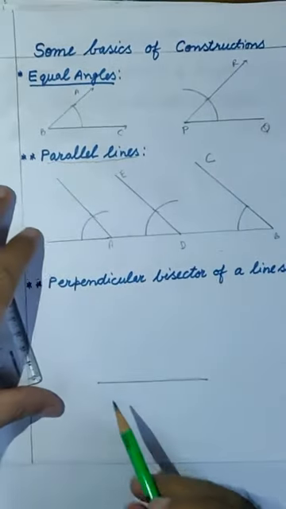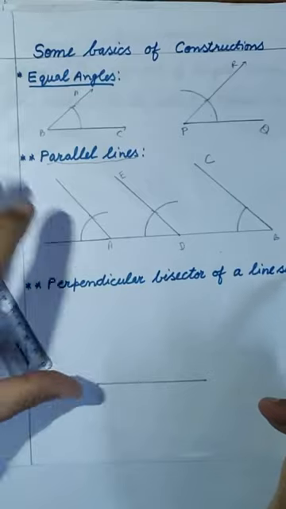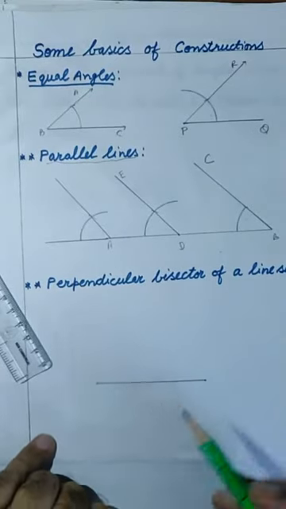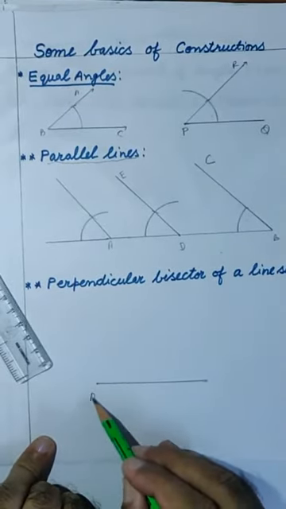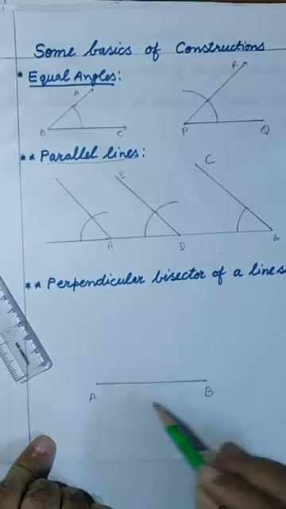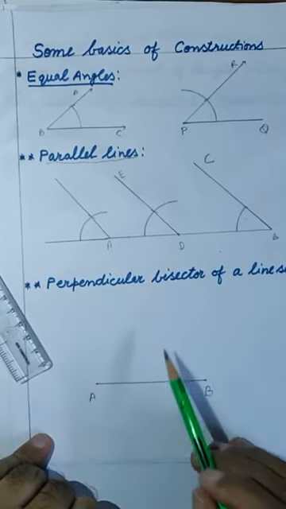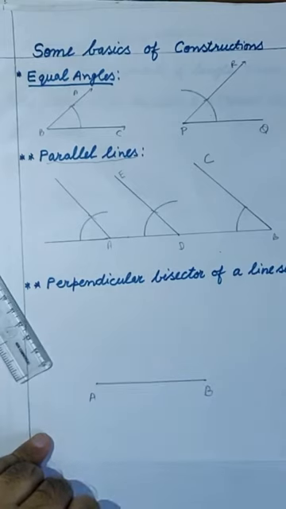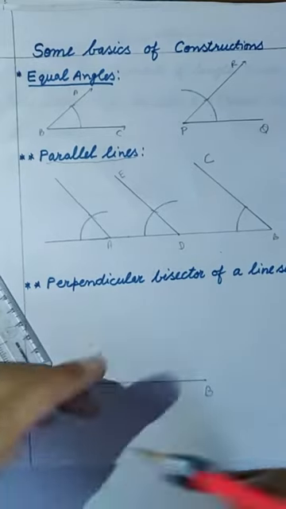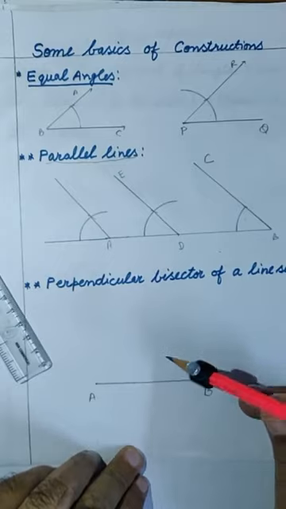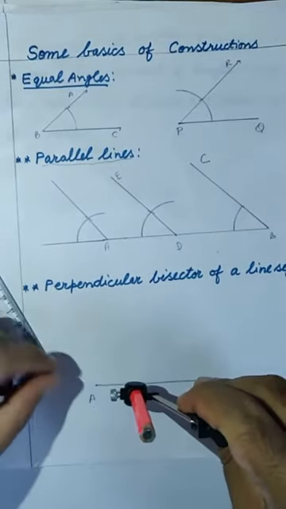Another one is the perpendicular bisector of a line segment. It is very important. You take this line segment AB. If we want to draw the perpendicular bisector of this, what will you do? You take the compass and open it more than half. Why are we opening more than half?